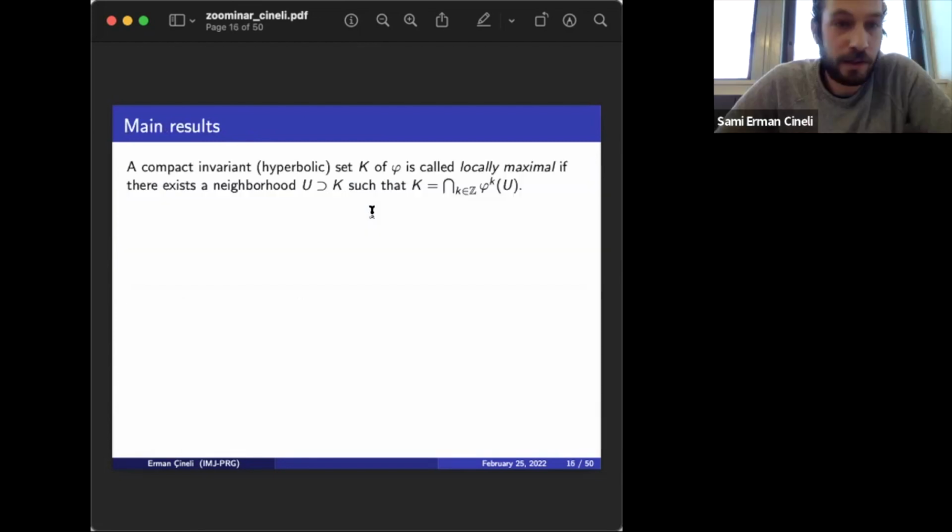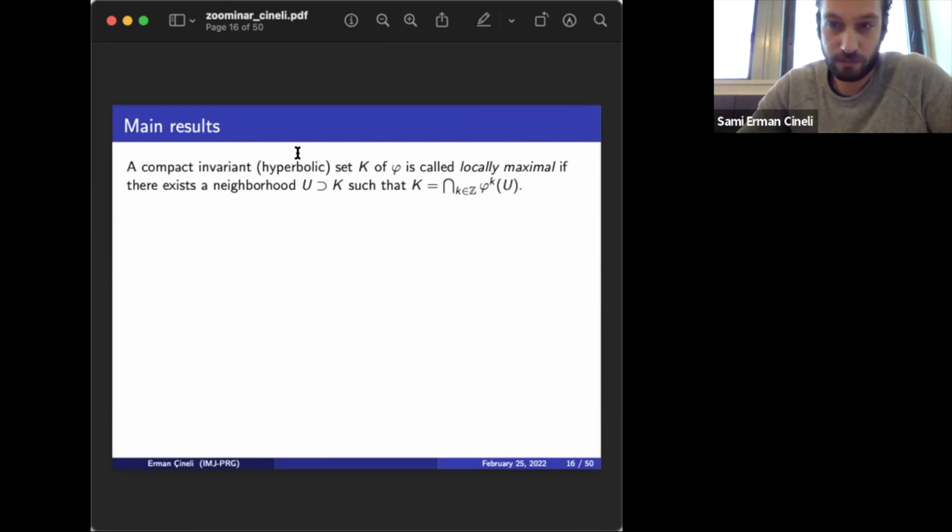So I said this. Now, a definition. A compact invariant set K of phi is called locally maximal if it admits a neighborhood U such that K is the maximal invariant set in there. So every point in the complement, either in positive or negative iterations, leaves U. This definition has nothing to do with being hyperbolic, but we work with locally maximal hyperbolic sets.